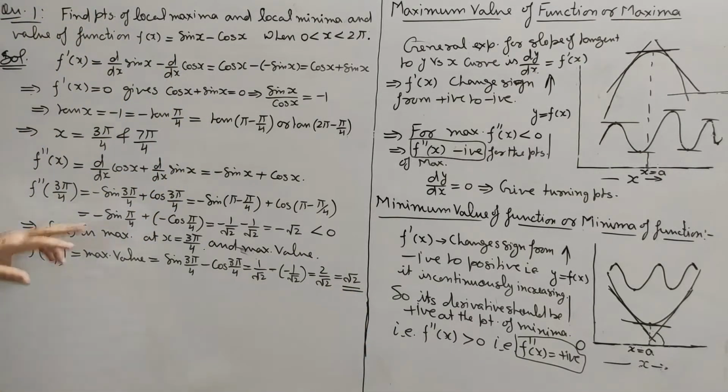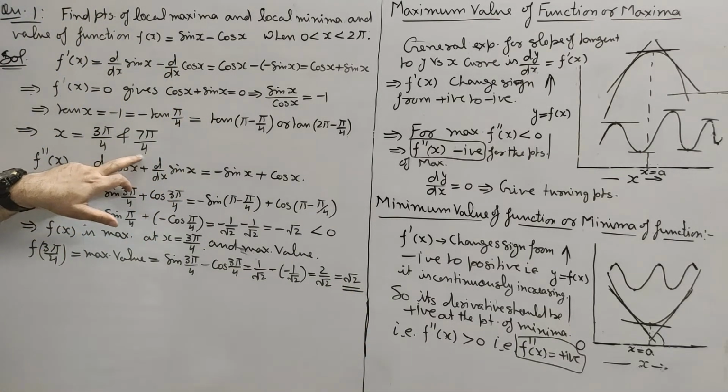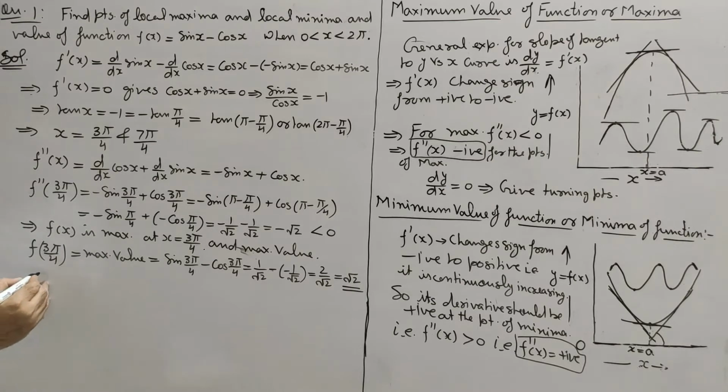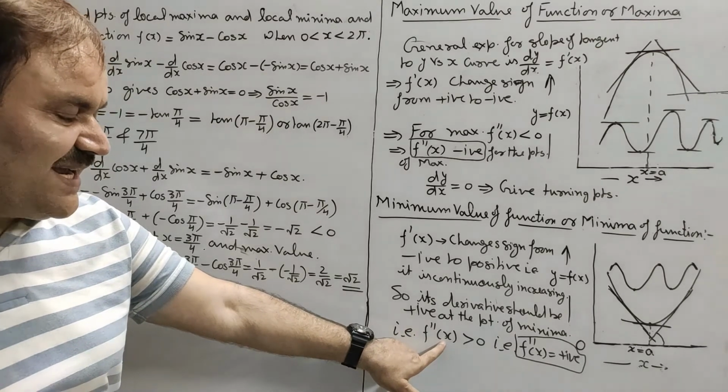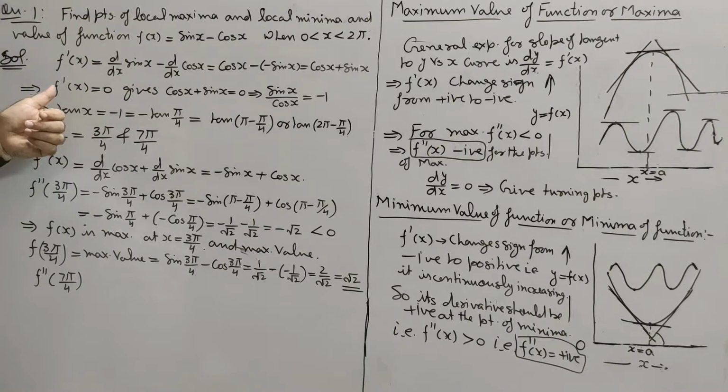Now we will check whether the function will be maximum or minimum at 7 pi by 4. So f double dash 7 pi by 4, we will find out the sign of f double dash x at x is equal to 7 pi by 4.